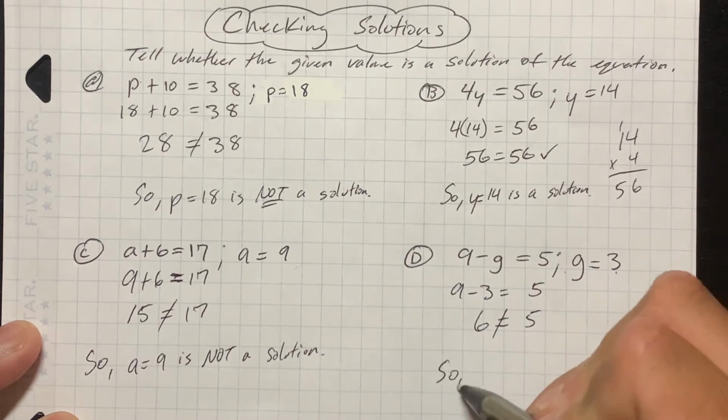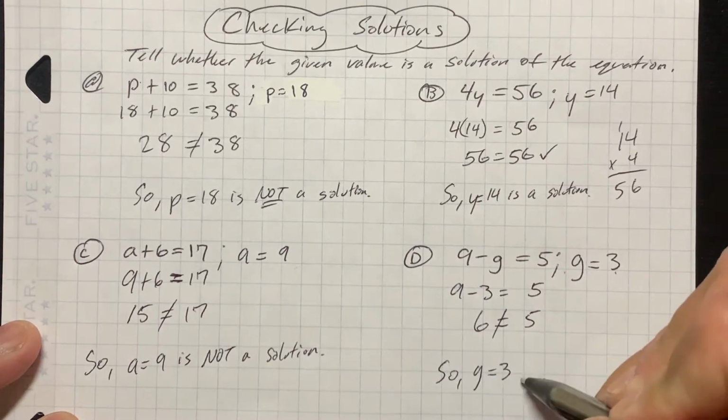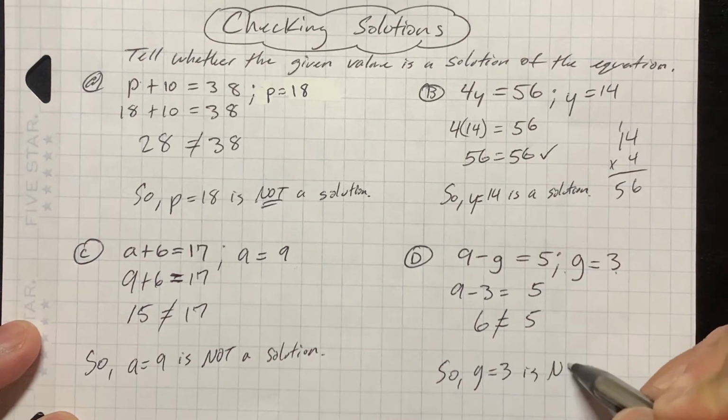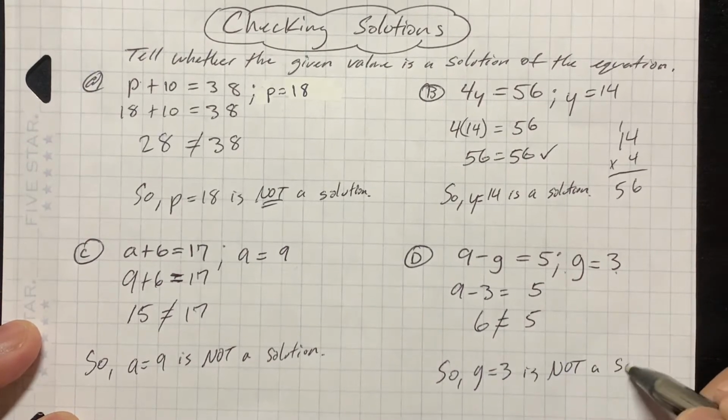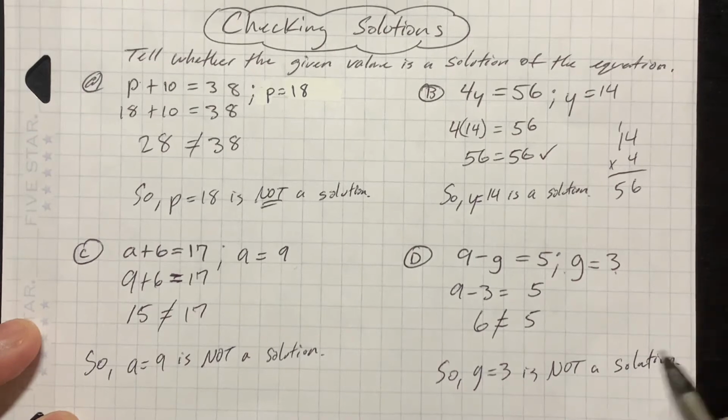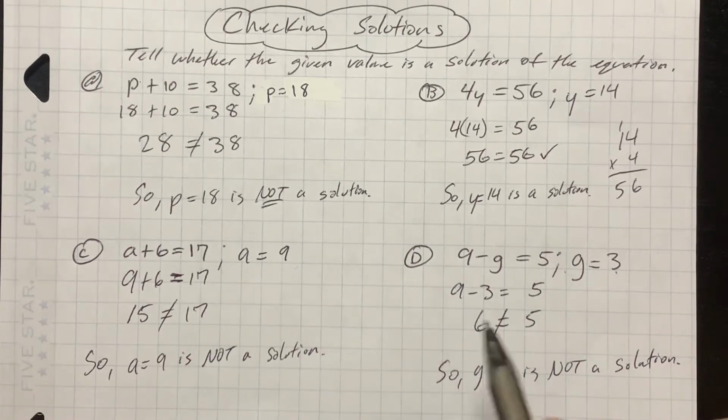So if G equals 3, it is not a solution because they are not equal on both sides of the equation. All right? So hopefully you guys are understanding this, and let's continue.